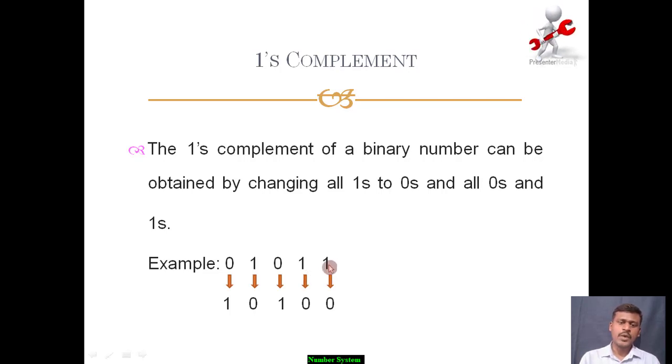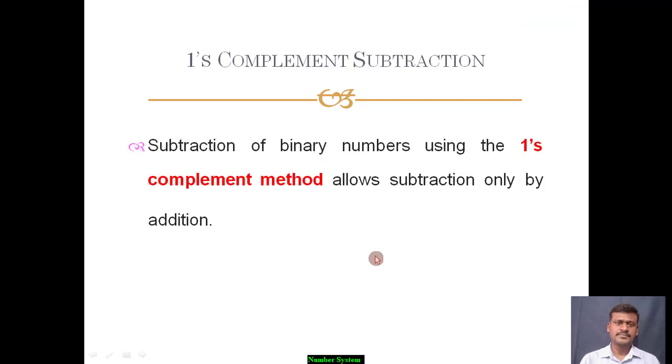You can see here, 1 is converted to 0, 1 to 0, 0 to 1, 1 to 0, 0 to 1. So this 1 0 1 0 0 is the ones complement of 0 1 0 1 1. This is how ones complement can be done.